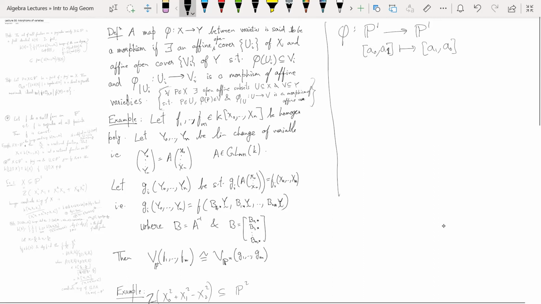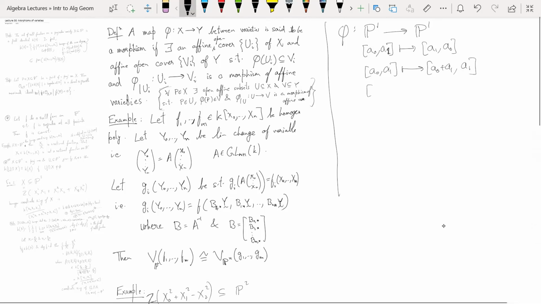Or I can send (A0, A1) to (A0 plus A1, A1), something like this. Or (A0, A1) goes to maybe (A0, A1 squared), something like this.